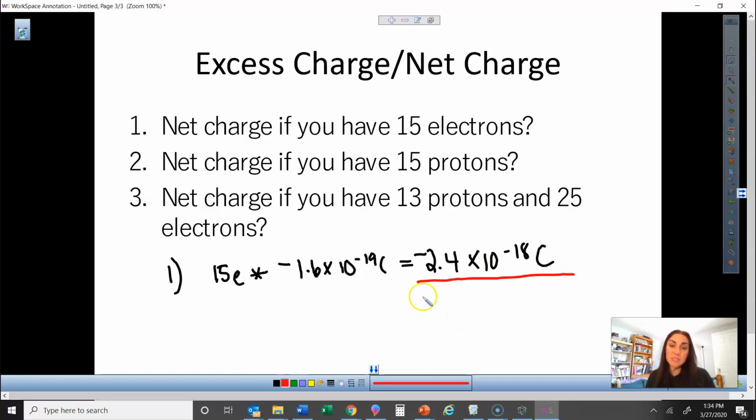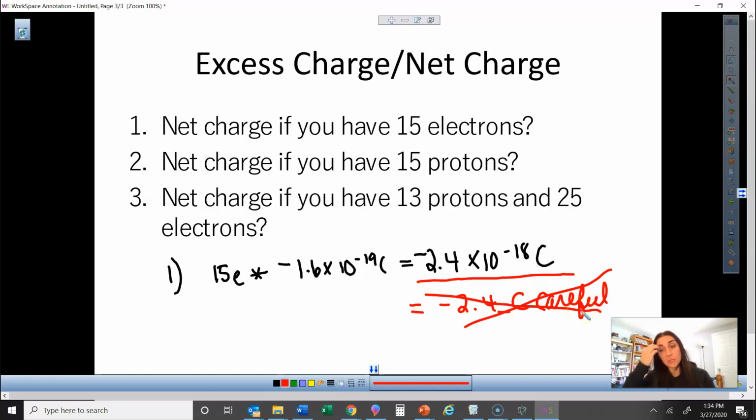Some other common mistakes: sometimes people will write negative 2.4 coulombs, and they forget to read the exponent on their calculator. So just be careful with that, okay? I probably will see 2 to 3 cases of this in your next quiz, so just be aware of that. There is always an exponent there.